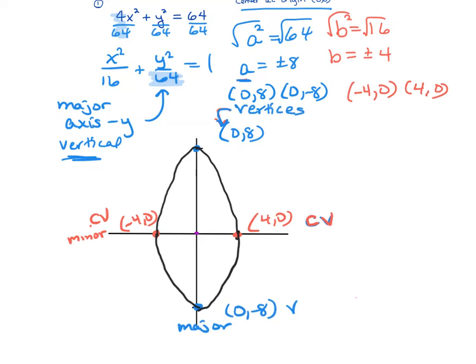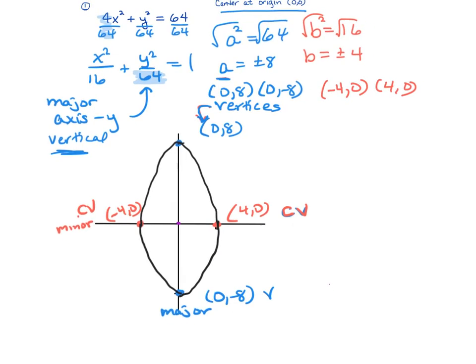Now I also need to calculate the focus point. Now for the focus point, it's sort of like the Pythagorean theorem, and the equation we're going to use, because we're going to determine the focus, we're going to call it c. Okay, so again, we're going to calculate the focus, and we're going to use this equation. c squared equals a squared minus b squared.